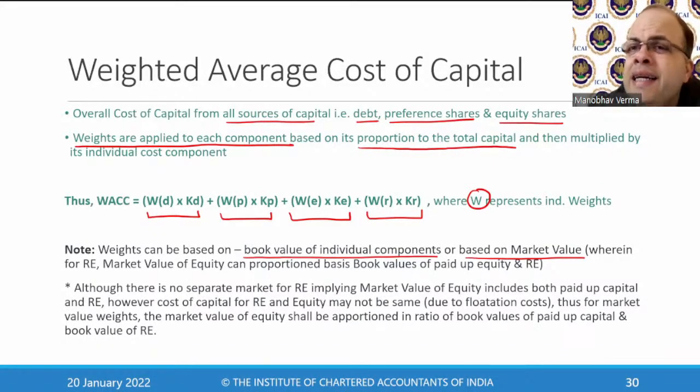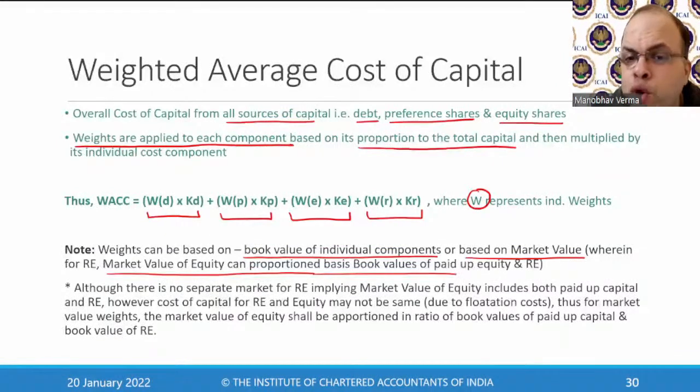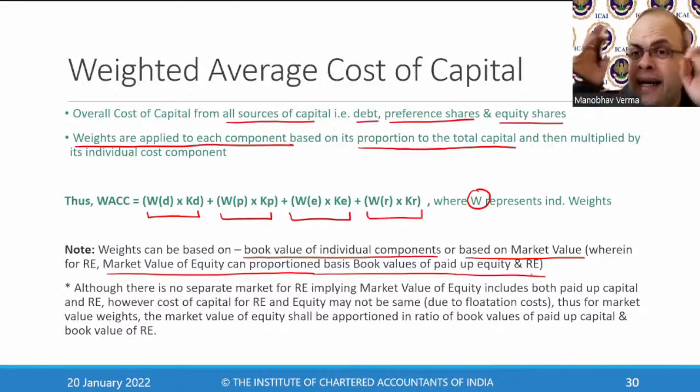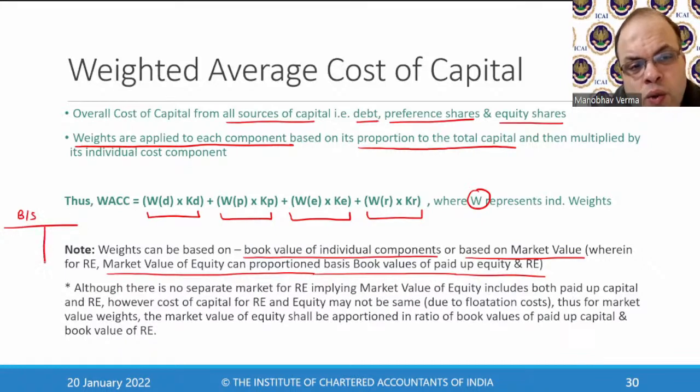the market value of equity will actually be the total equity, that means including the equity and the retained earnings. In that case, that market value of the equity will have to be apportioned or split based on the book value of equity and retained earnings. Mind you, in my balance sheet, you have a share capital and a retained earning.